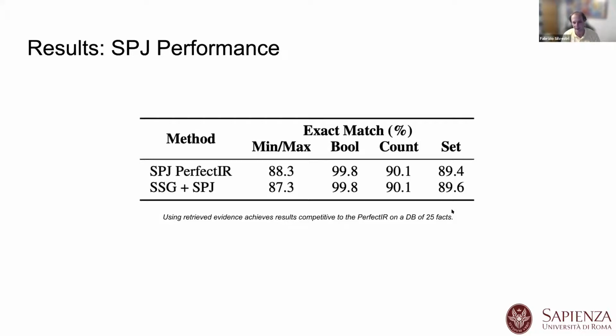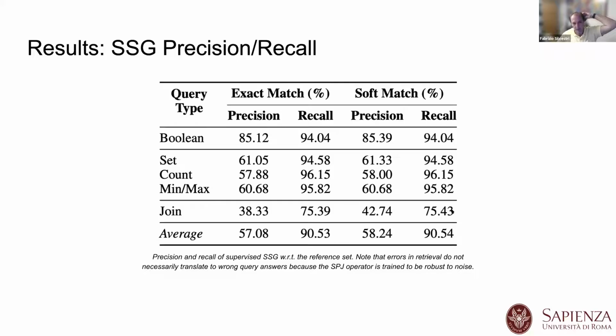Numbers here are different, if you're wondering, because here the results are on around 25 facts. The others were on larger databases. This is a breakdown on different kinds of queries. And we also tried a different kind of match strategy, but results were not that different.